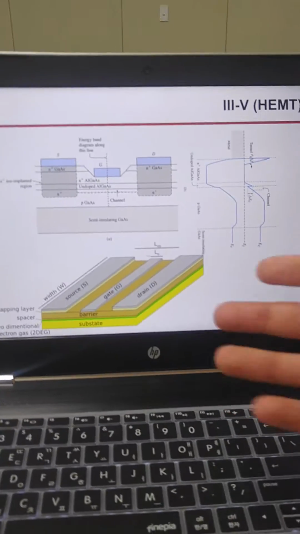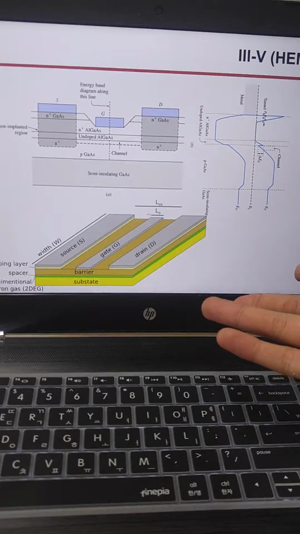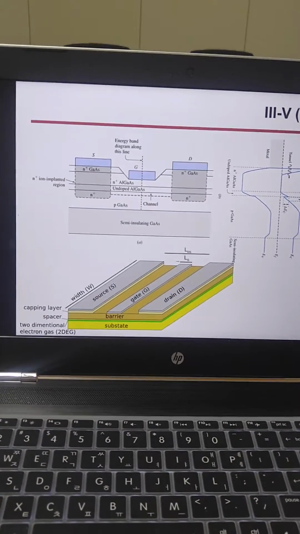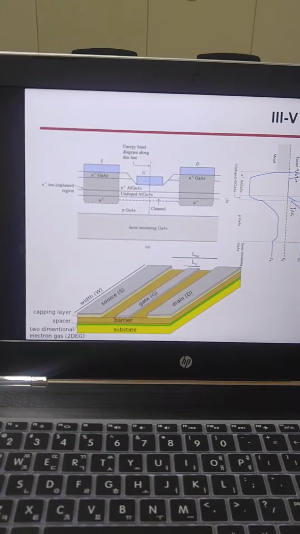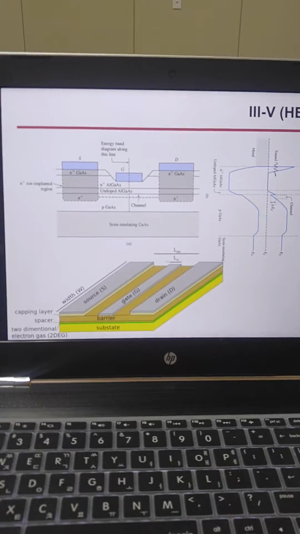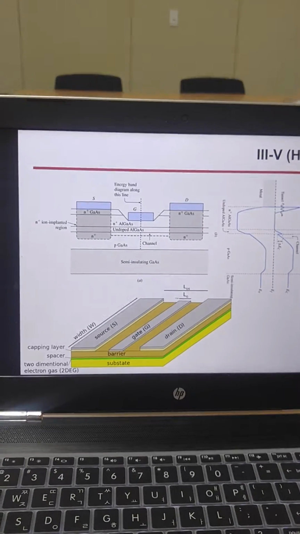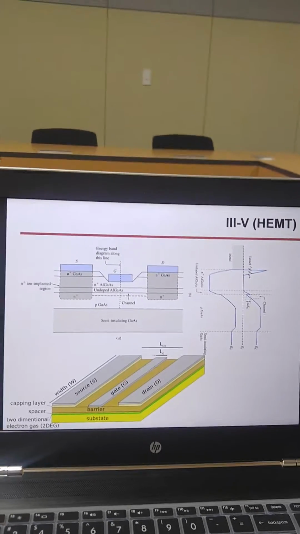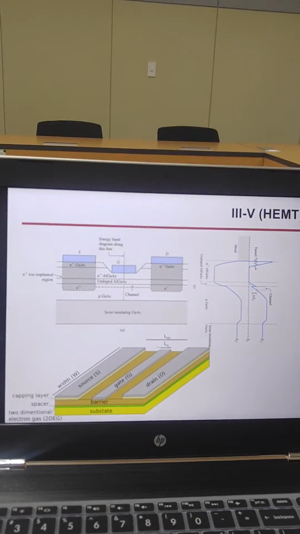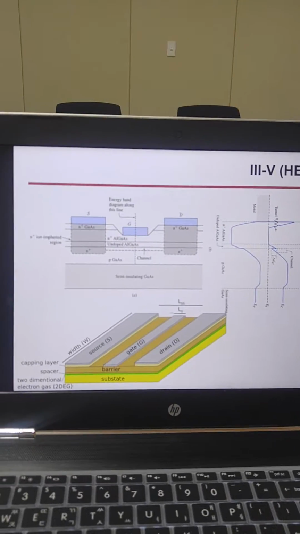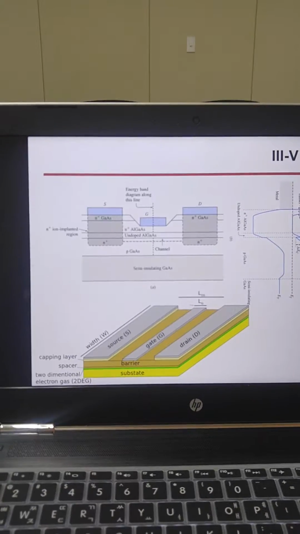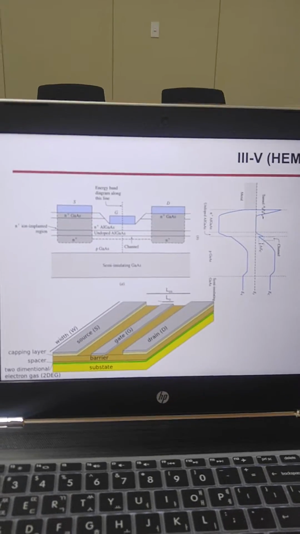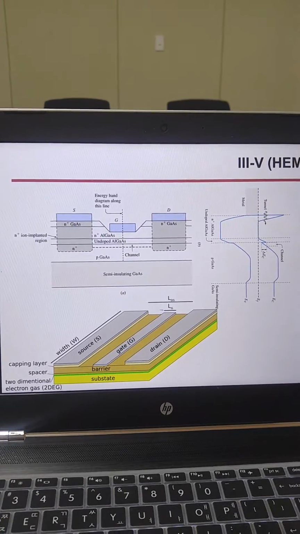Also, as you can see in this picture, its structure is very complex, and it takes a lot of time to make, and its engineering is so complex that it is not economical, so we don't use this kind of III-V thing. It is also very toxic, so it is very bad for engineers to do these kinds of things.